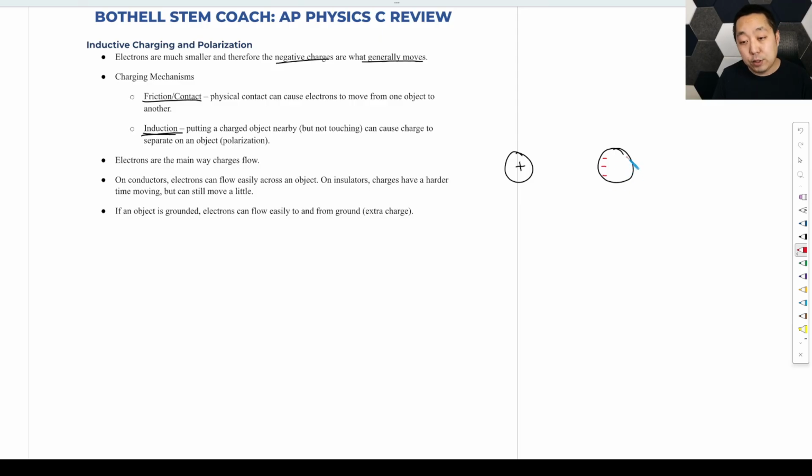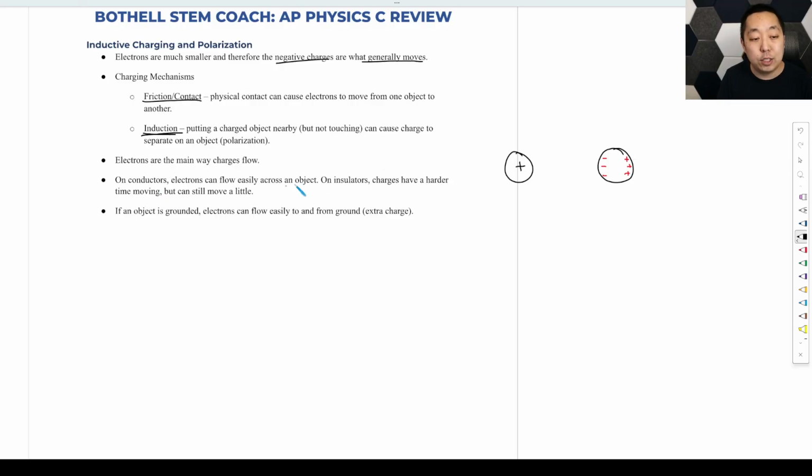And any positive charges will kind of separate, right? Or in the case that electrons are the things that move, the electrons that were over here come to this side, and that leaves behind positive charges who really can't move because they're pretty big. So that ends up creating a charge separation, which we call a polarization. But electrons are the main way that they flow.